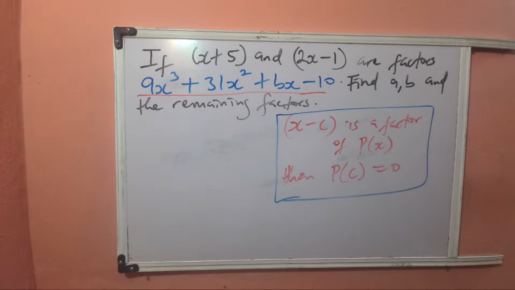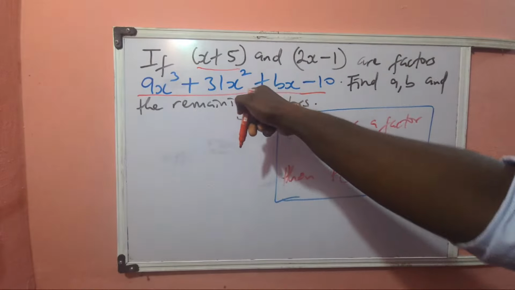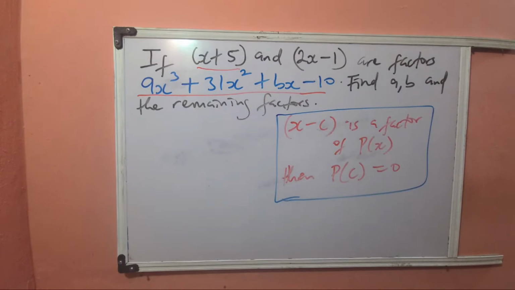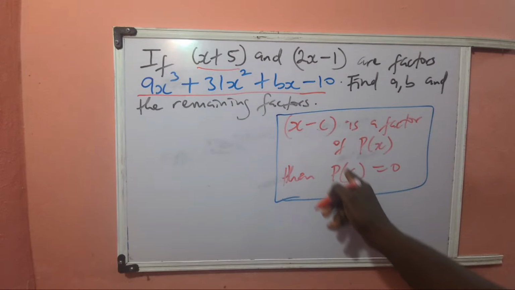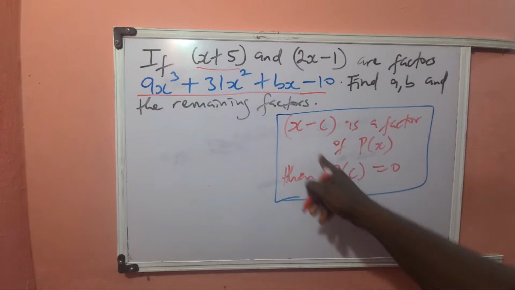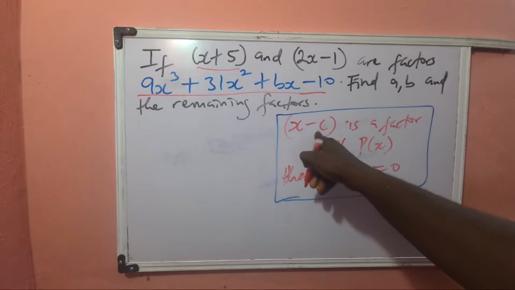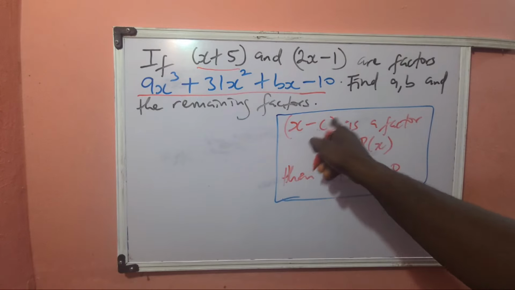So the meaning of this is that if you say that x plus 5 is a factor of this particular polynomial, that means, of course, you know that x here will be equal to minus 5. You can see now when x minus c was a factor, you went on to say p of c, because when you cross this over to 0, this would be x equals c.